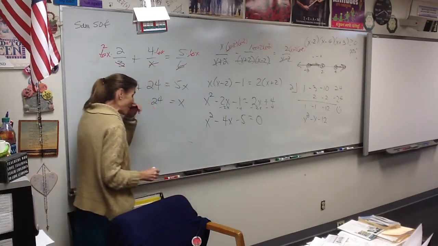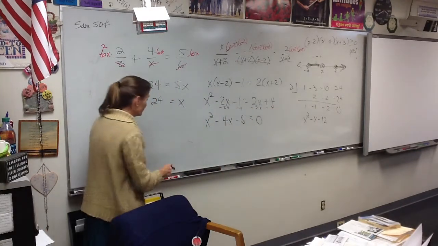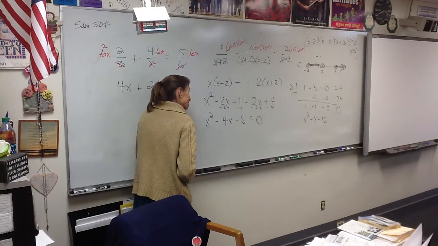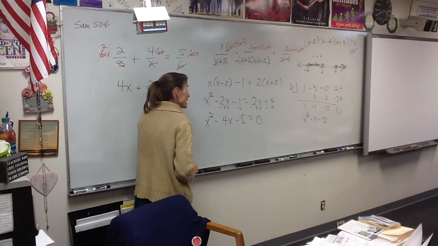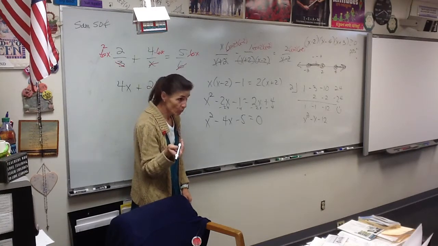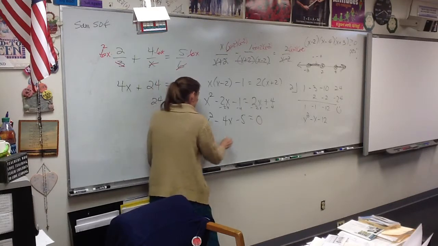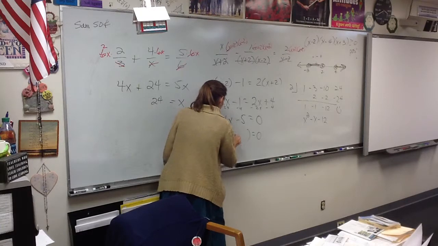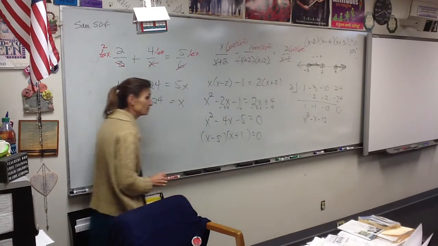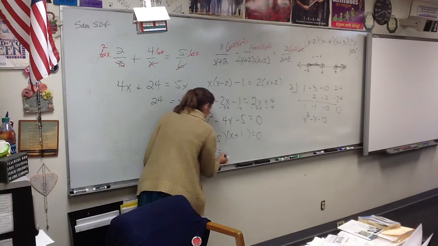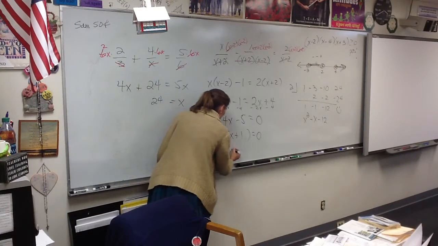John, what do I do now? Yeah, I can factor. I could also use the quadratic formula, but this one does factor. Minus 5 plus 1. So what are my answers? X equals 5.